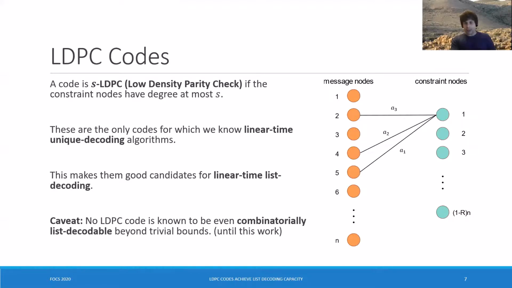In this work, we remedy that. We are going to find a family of LDPC codes which are list decodable with arguably optimal parameters.